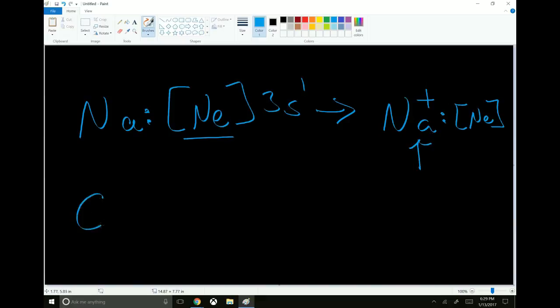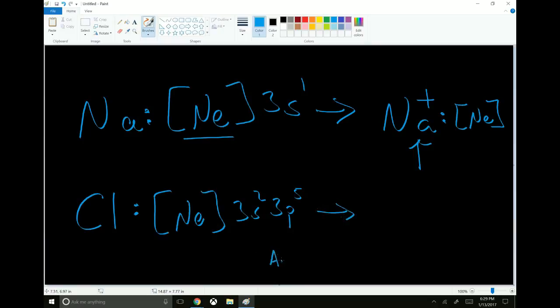Whereas you look at chlorine. Chlorine is neon 3s2 3p5. It wants to look like the nearest noble gas, which would be argon. So it's going to gain an electron, and it's going to become Cl1-, neon 3s2 3p6.